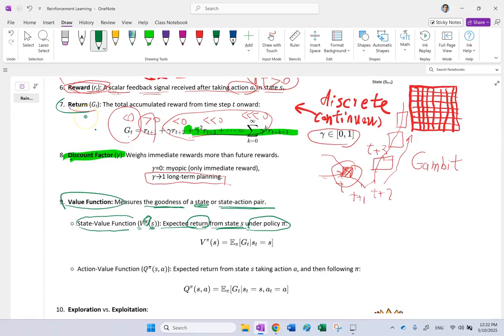This important thing, the return, where the gamma is important. The expected value of the return, given that you start from position S, under policy pi. So initially you are in state S, and then you pick some policy pi. It takes you from S1 to S2 to S3 and so on and so forth, okay?